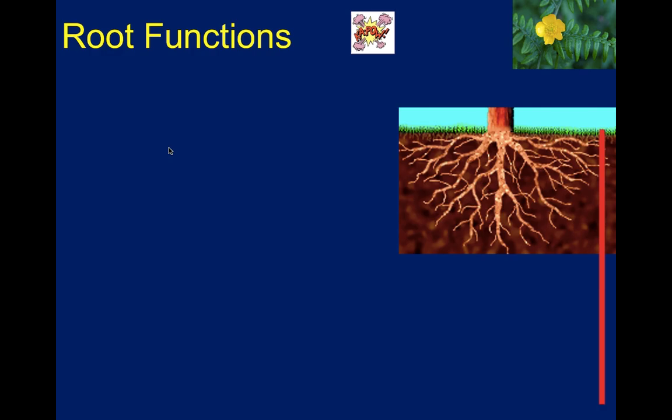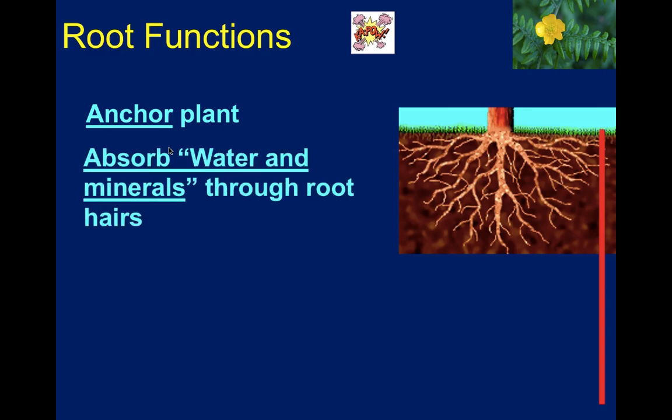So in terms of the root functions, you should be able to come up with at least three yourself, probably not asked at higher level, but you still have to be able to answer it if it is. So I've underlined the words that are most important here. You don't need to fill in the blurb. So they do anchorage, they absorb water and minerals.